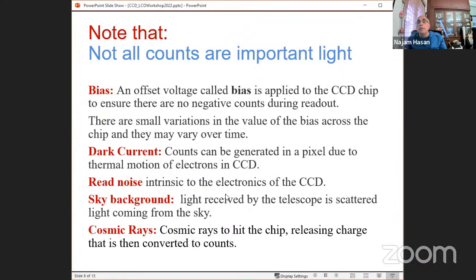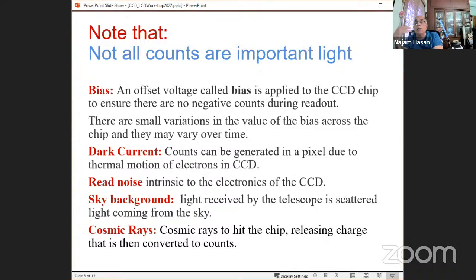Then there is intrinsic noise due to the electronics of the CCD, which is called the read noise. If you are imaging, say, a star cluster, you also record the light from the surrounding region, or scattered light.